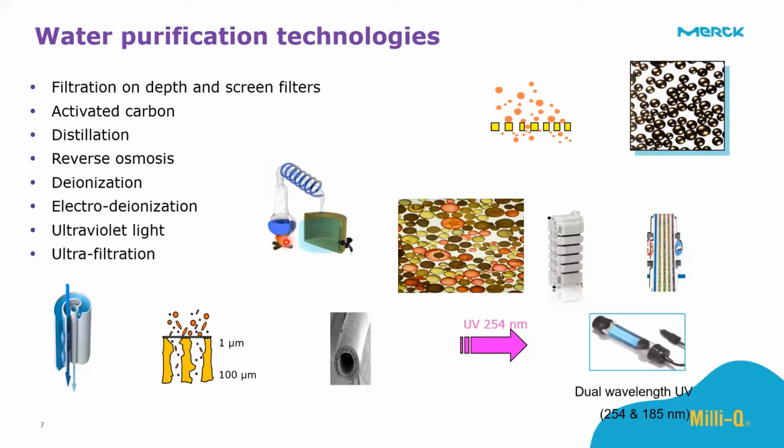Because you're using heat to vaporize water and then you cool it down, it's a very slow process. It's also water consuming because you require a lot of water to cool. It's also energy consuming because you use a lot of heat to vaporize the water.